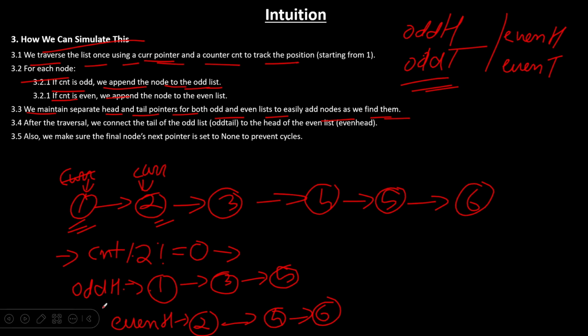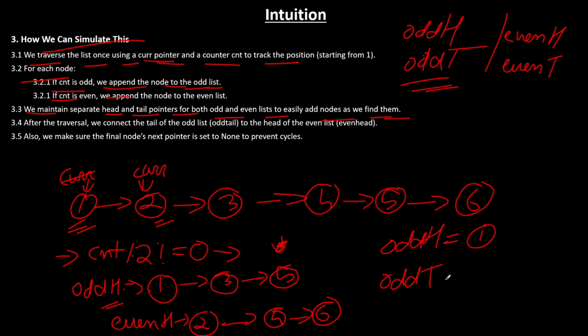You cannot keep the odd head in the end, right? For that, when initially we try to put the first node, we will point both head and tail to it in this case. Now we will just move tail ahead rather than moving the head.